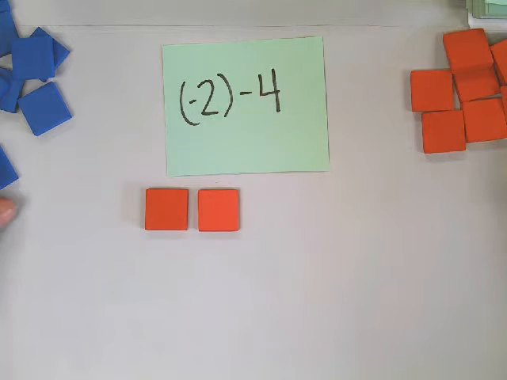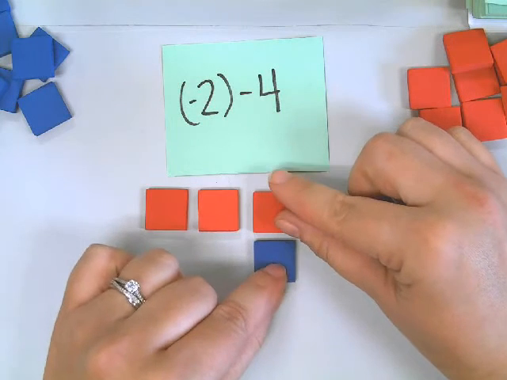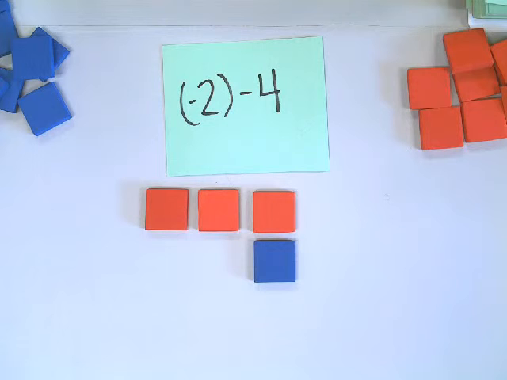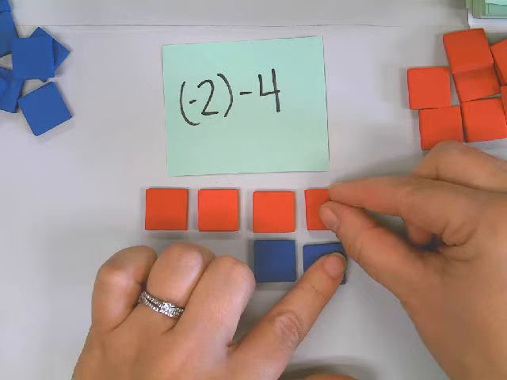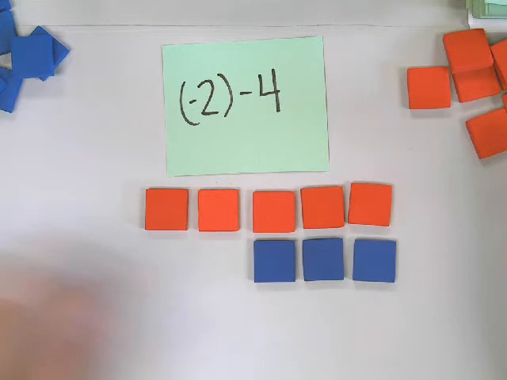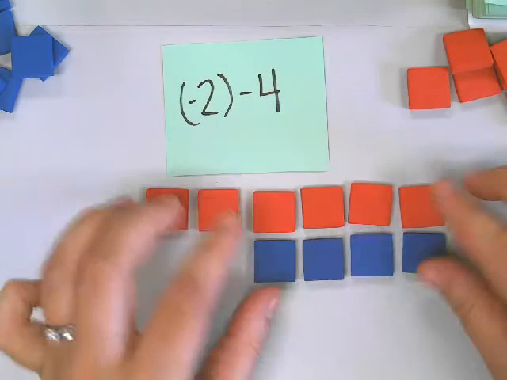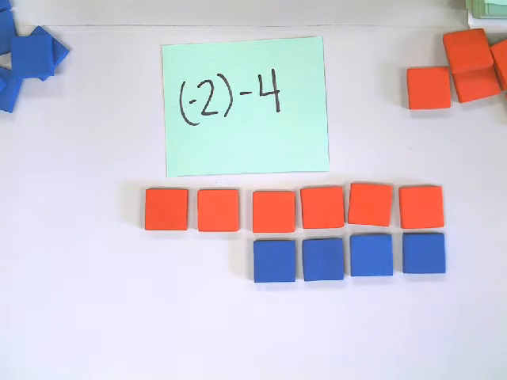So I'm going to add 0 pairs because that's not going to add any value to the number we have. If I add 1 0 pair, I have 1 positive to take away, but I don't have 4. So I'm going to keep adding 0 pairs until I have 4 positives to take away. Alright, so I've added enough 0 pairs now that I have 4 positives to take away.